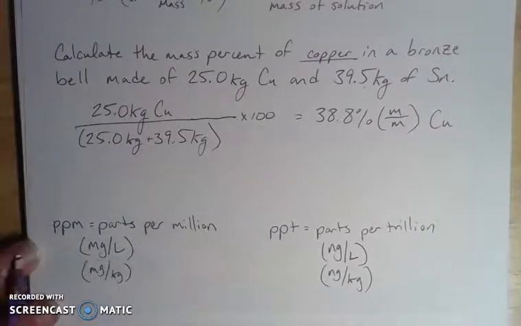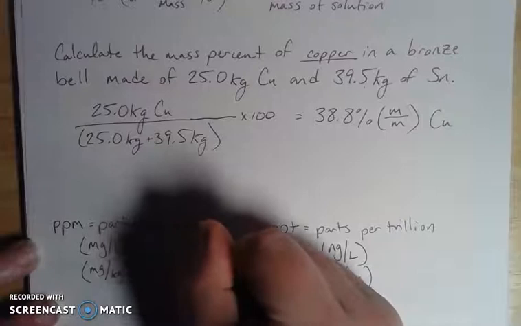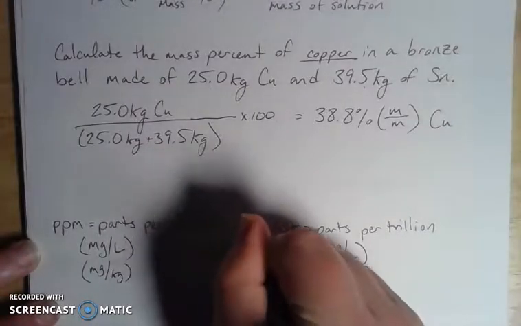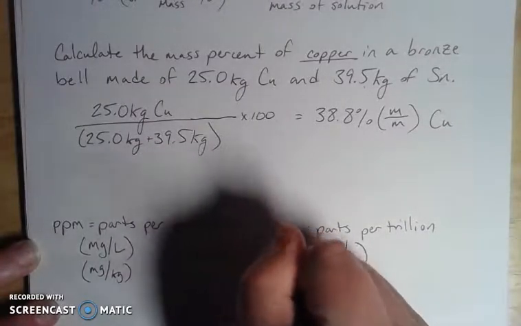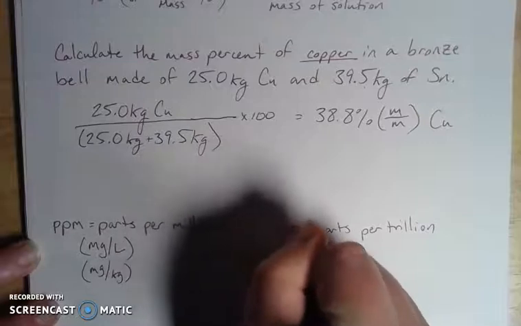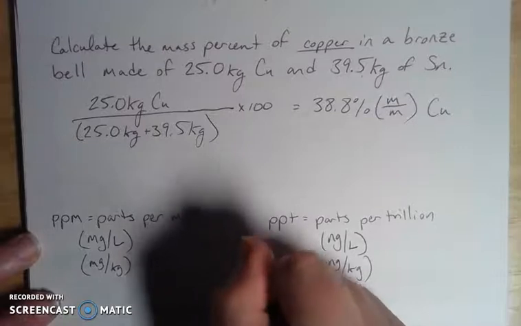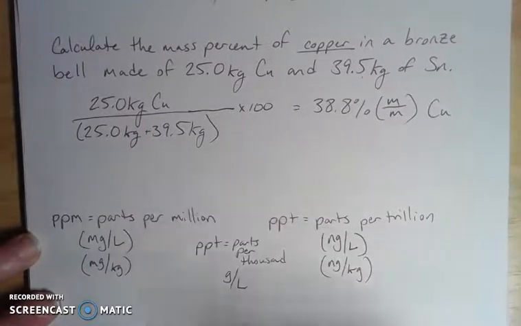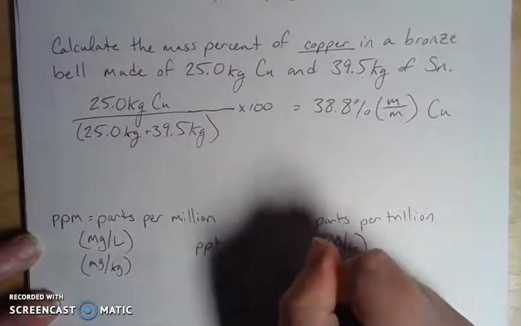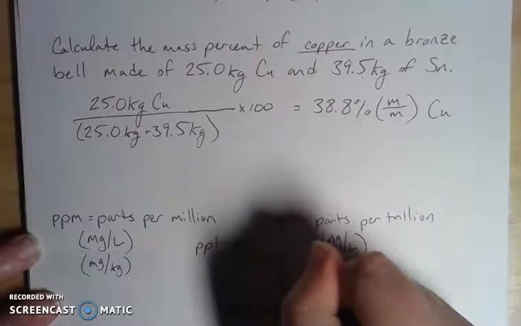If you're doing parts per thousand, which I don't have here, I guess I could write that, parts per thousand. Then that's actually going to be a gram per liter, or gram per kilogram, if we're thinking about mass to mass.